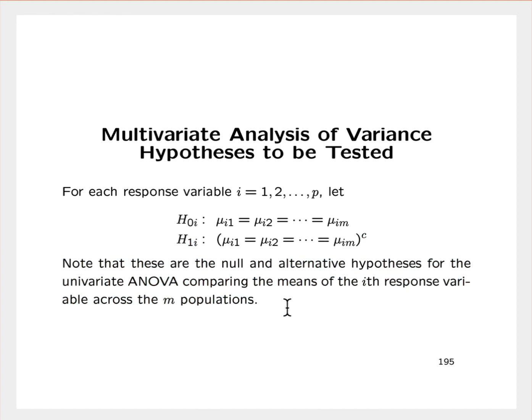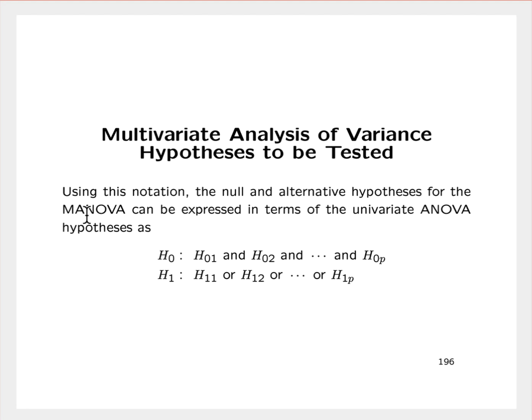Now, with that notation, expressing these somewhat involved hypotheses, then we can restate the null and alternative hypotheses for the MANOVA in terms of the individual univariate ANOVA hypotheses in the following way. The null hypothesis for the MANOVA, the multivariate analysis of variance, would be that the null hypotheses for the univariate ANOVAs are all true, against the alternative hypothesis.